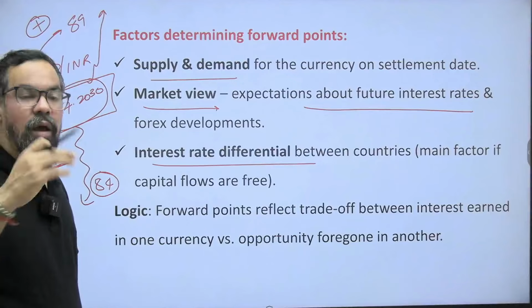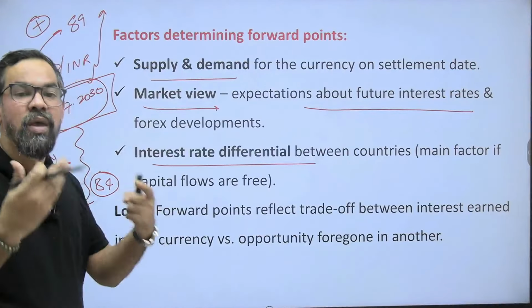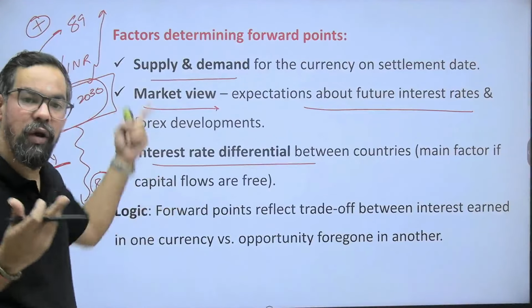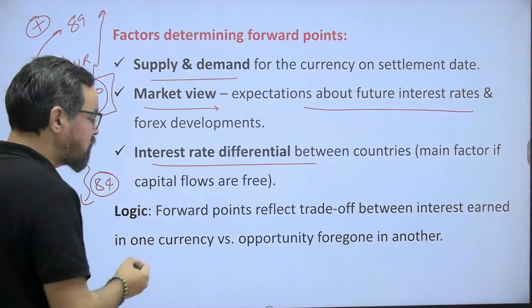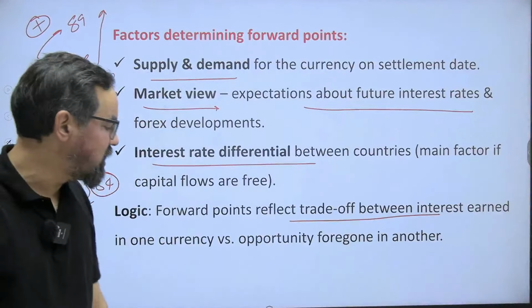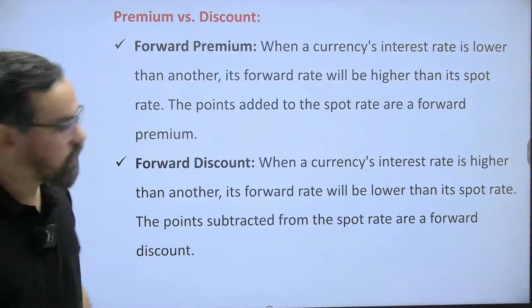If we are giving a higher rate of return, investors will invest in the economy, so it will bring cash flows into the economy. Obviously there will be demand for INR, right? So the forward point reflects the trade-off between interest earned in one currency versus opportunities foregone in another currency, right? So this is the one.